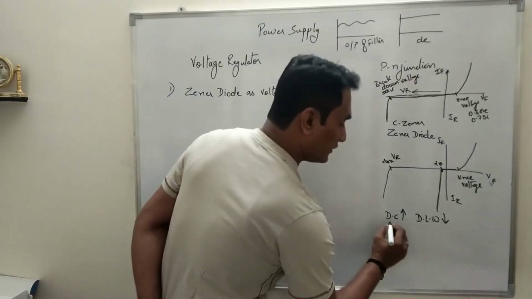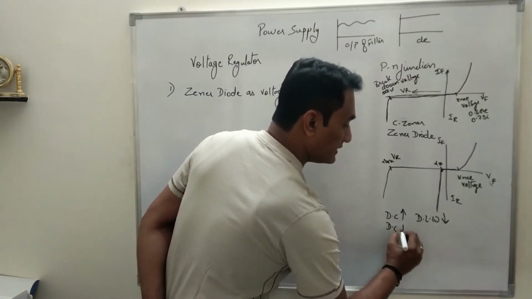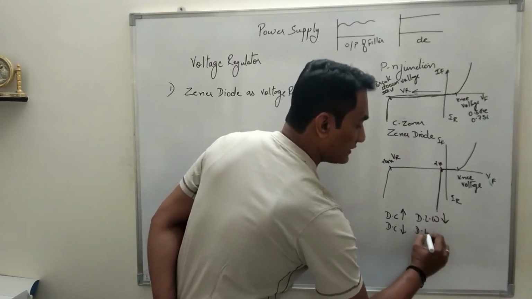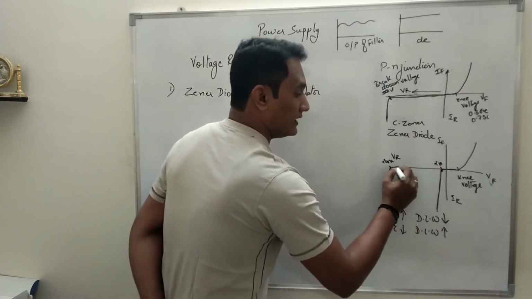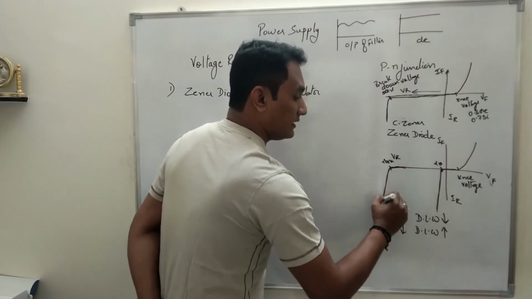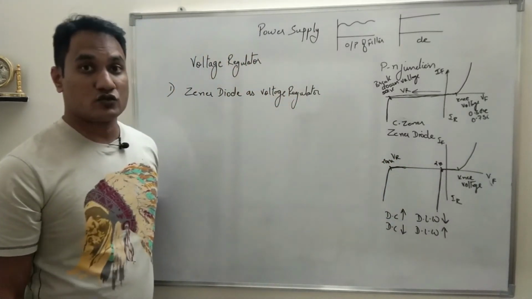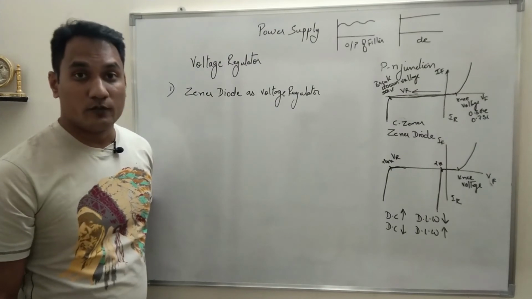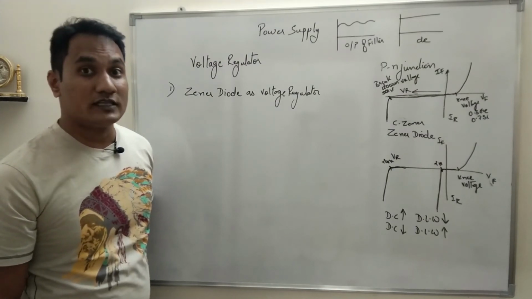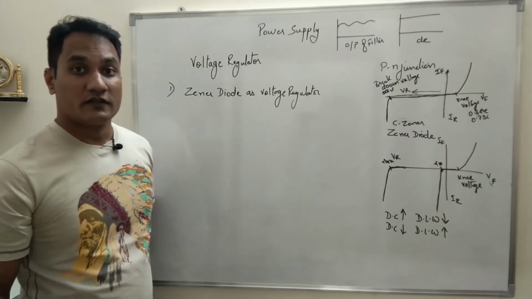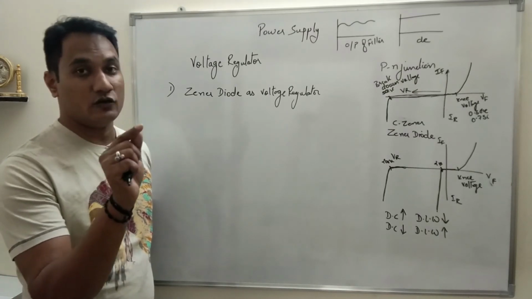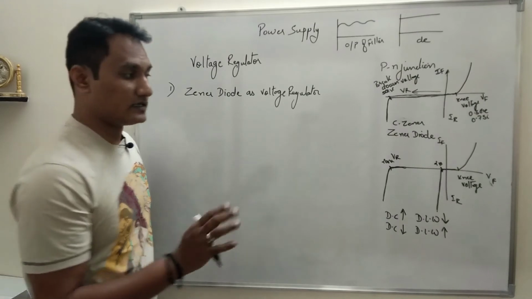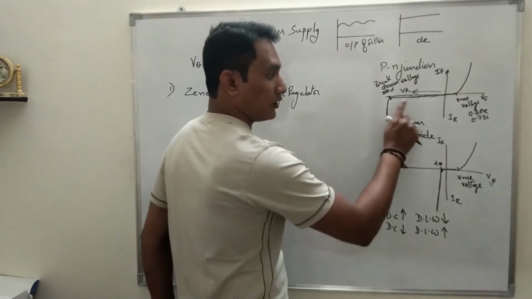And if the doping concentration is small, the depletion layer width is big, and the breakdown will occur at a later stage. So we can control the doping concentration and we can control the potential at which the diode breaks down. Okay, so that is the most important part.